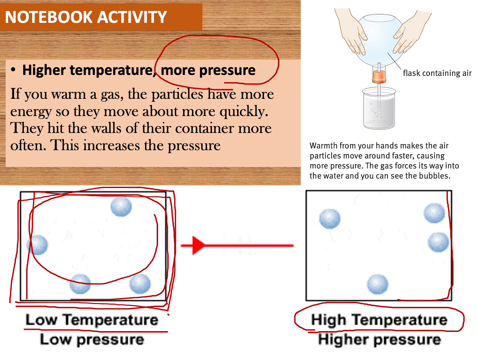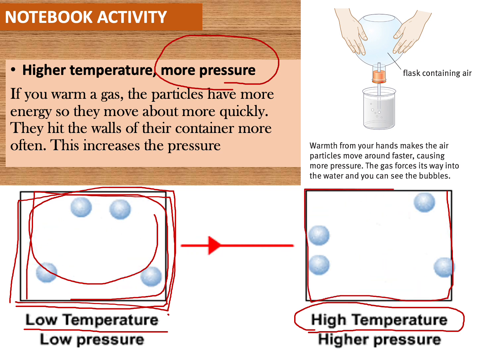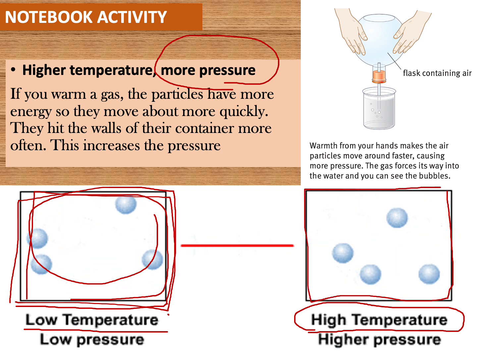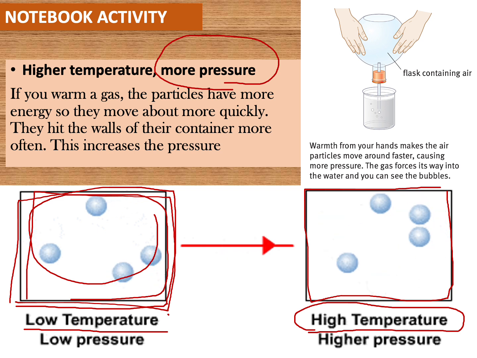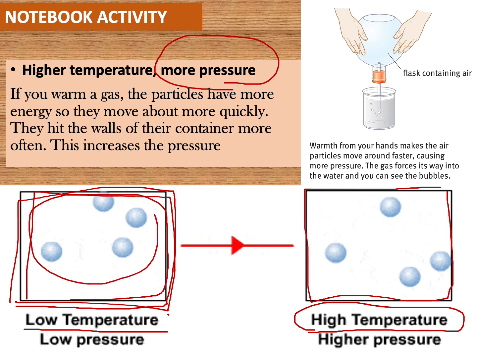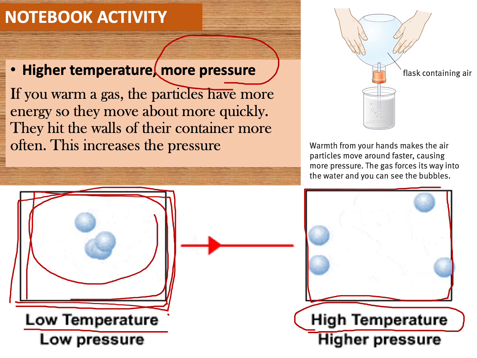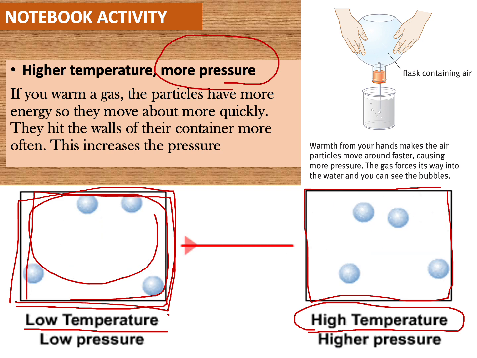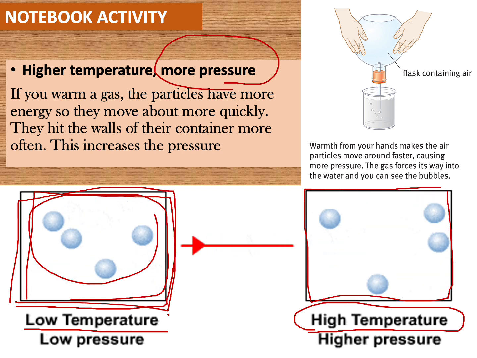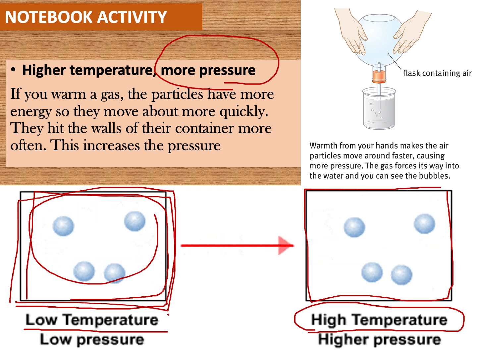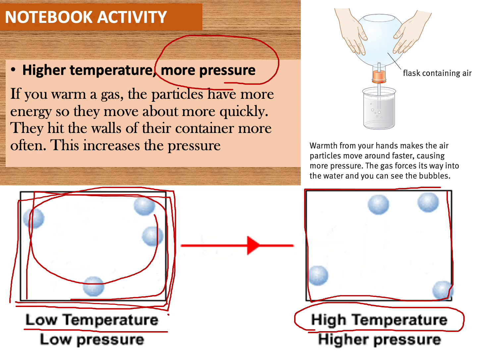When they hit, pressure is created. This is again called gas pressure. So the higher the temperature, the higher the pressure. More temperature, more pressure. More energy, more pressure. Less energy, less pressure.